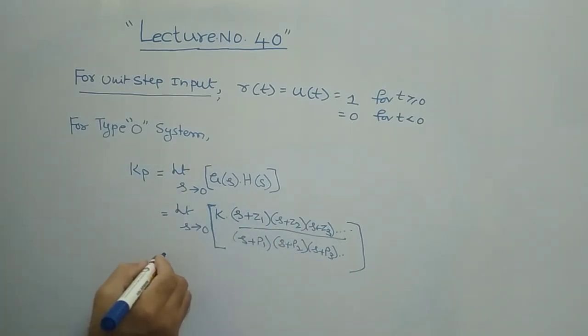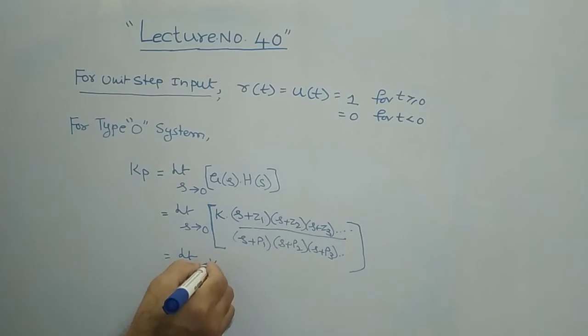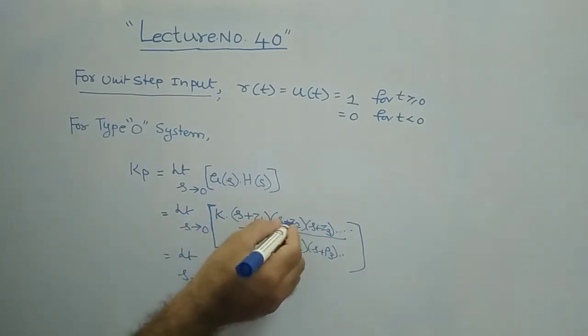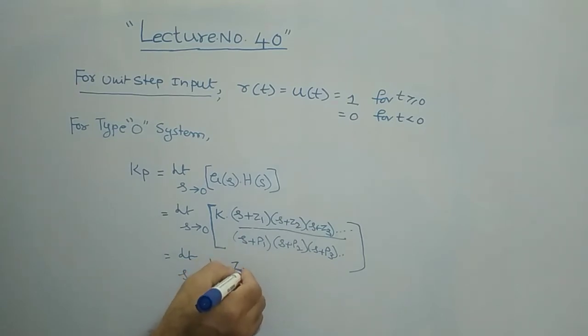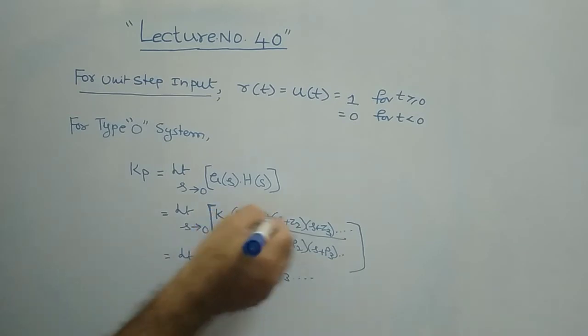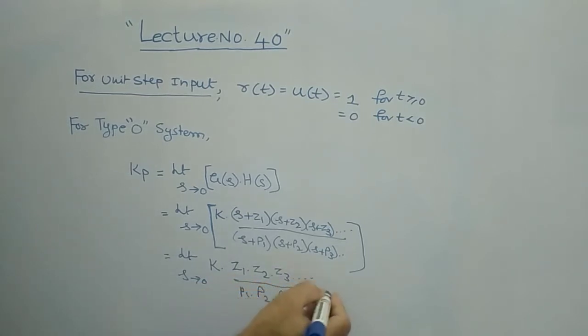And further, for our convenience, you can write limit s tends to 0, and this K will be there. From the numerator you will get zeros only, so you can write z1 into z2 into z3, and so on. In the denominator you write p1 into p2 into p3, and so on.